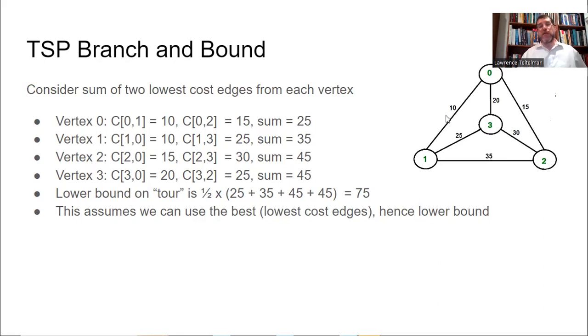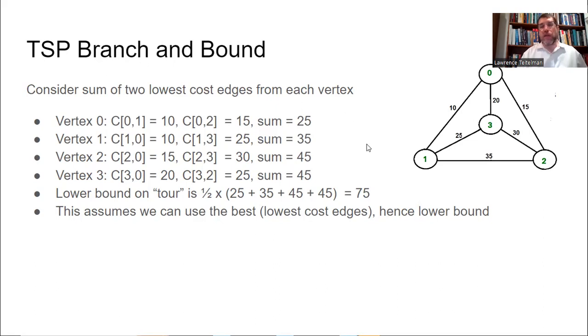So again, what we're doing here is going through each vertex. You find the two lowest cost neighbors. There are some data structures involved here, but we're not worried about that at the moment. And I do that for each one. For 0, my two lowest cost edges are 10 and 15 with a total cost of 25, because I need to go out and in.